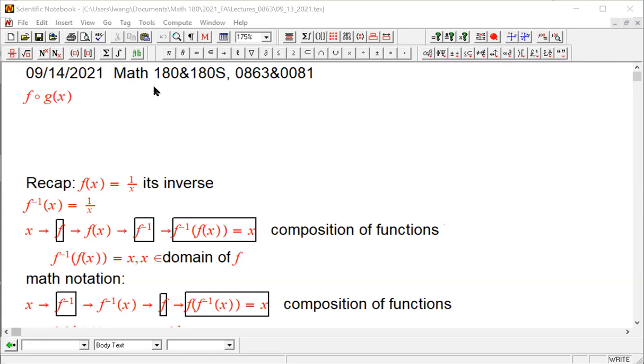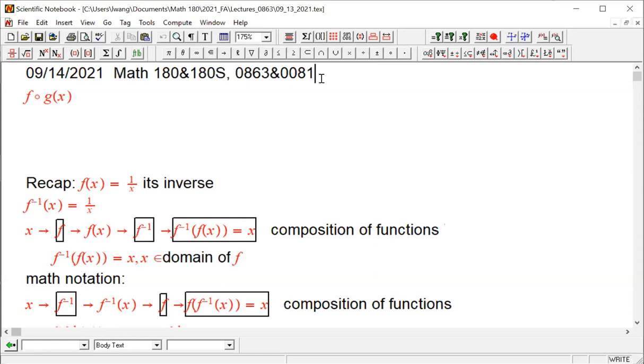When we talk about functions, how many functions do we have so far from the basic table? 1, 2, 3, 4, 5, 6, 7, 8, 9, 10, 11. We have done 9, 11, 13, right?